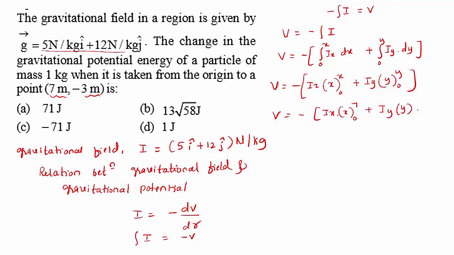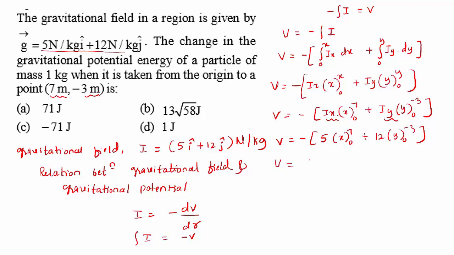For y component we can write 0 to minus 3 upper limit. So V equal to, substitute the values Ix and Iy, the values are 5 and 12. Substitute minus, keep as it is, 5 x 0 to 7 plus 12 y 0 to minus 3.